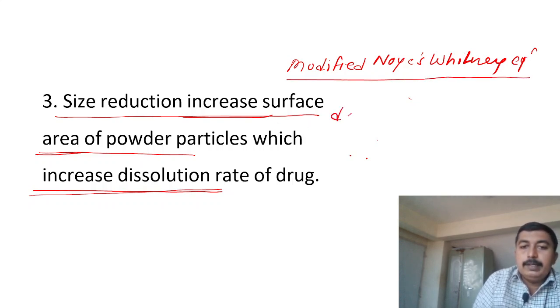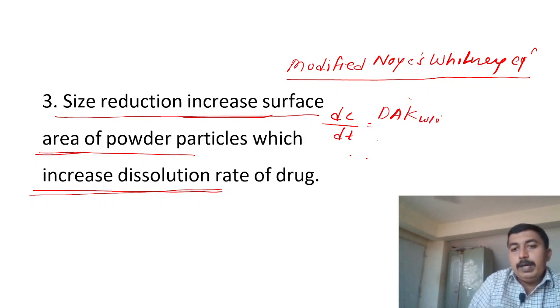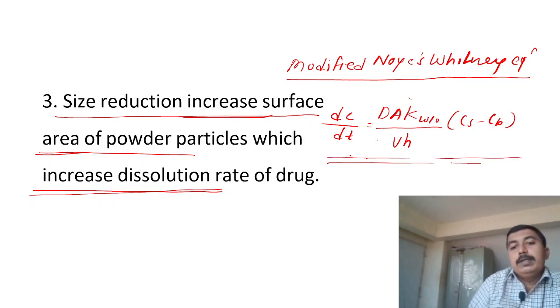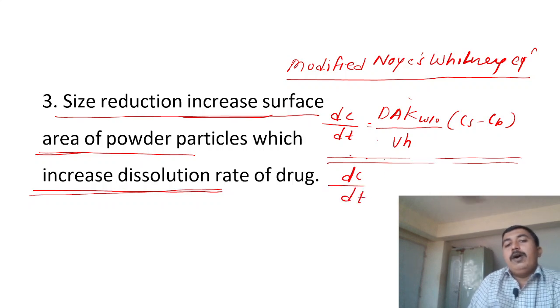According to this equation, dC/dt is equal to D A K(w/o), the water-oil partition coefficient, divided by V h, into (Cs minus Cp). This is the modified Noyes-Whitney equation. dC/dt is the rate of dissolution of the drug.